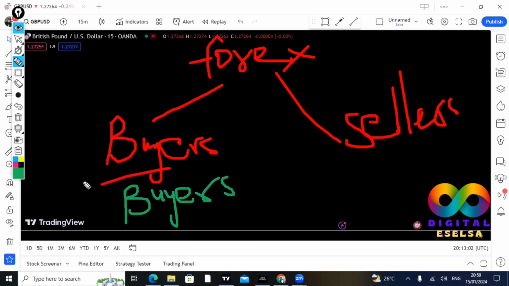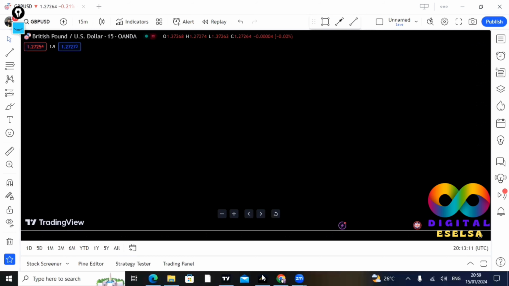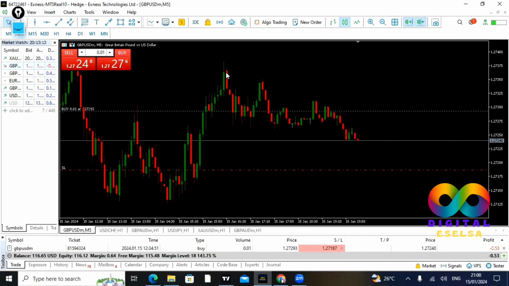And then we use something like red to represent sellers. So that is why in the chart you see the candlesticks colored in this way. We have the green candles representing buyers, we have red candles representing sellers.